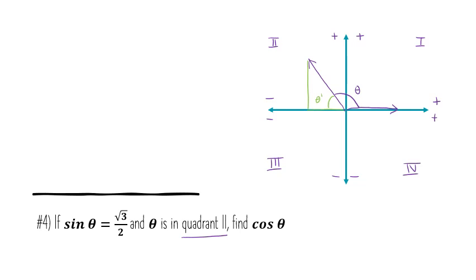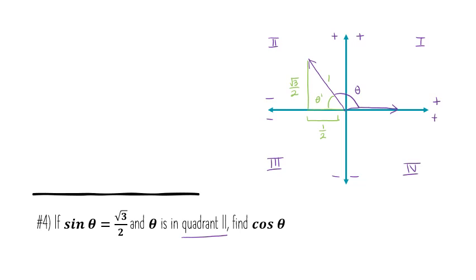Let's make that hypotenuse equal to 1, which means the opposite has to be the square root of 3 over 2. I have the makings of a 30, 60, 90 right triangle. The missing side length is going to have to be equal to 1/2.